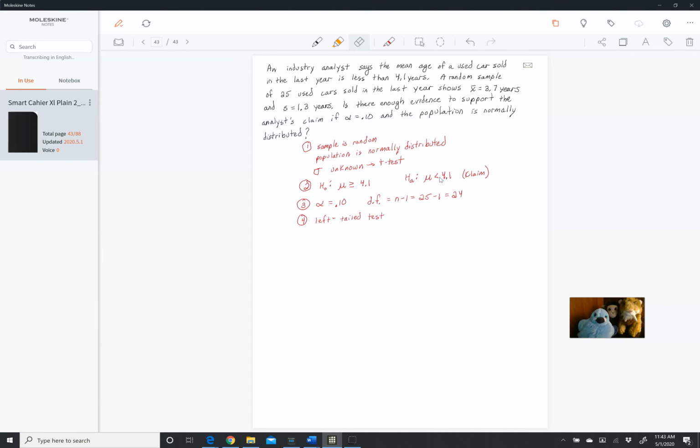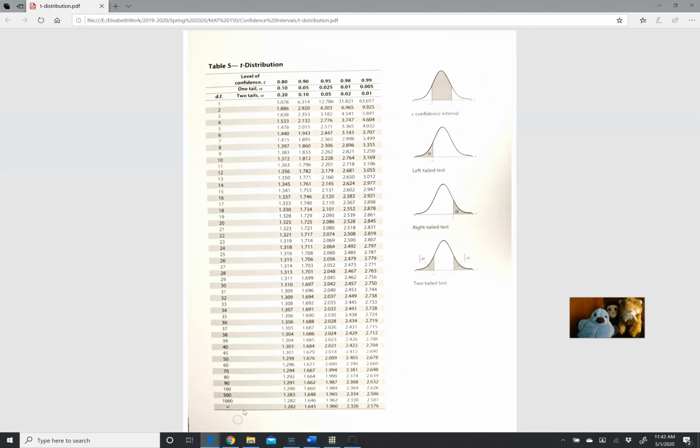Once again, that's because we have mu is less than. And that means that we're going to go to our t-chart. We're looking for the one tail, 0.10, that's our level of significance. So it's going to be the first column.